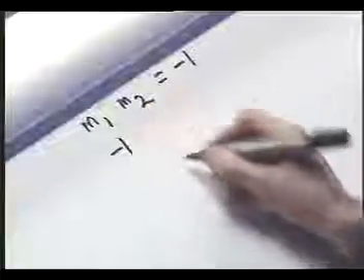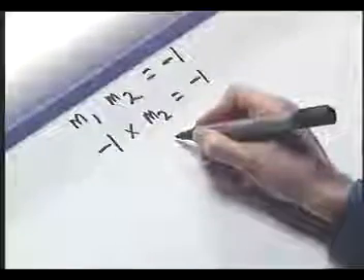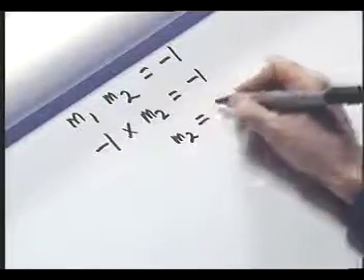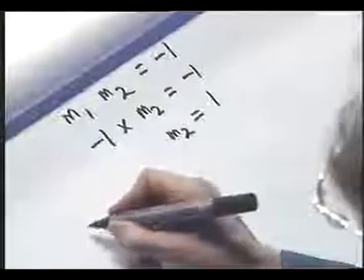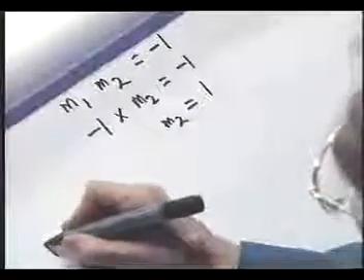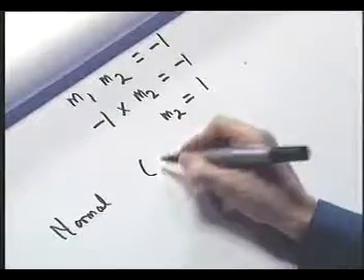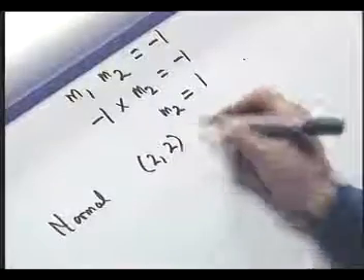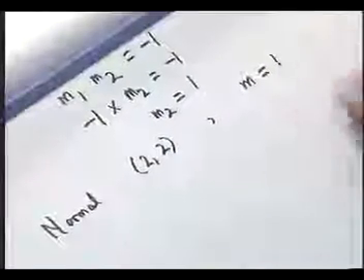I know the value of this, it's minus 1 times m2 equals minus 1. And the only number m2 can be there is 1. So now I have, for the normal, I want its equation. I've got the point that it goes through, which is (2, 2), and I've got its gradient, which is 1.